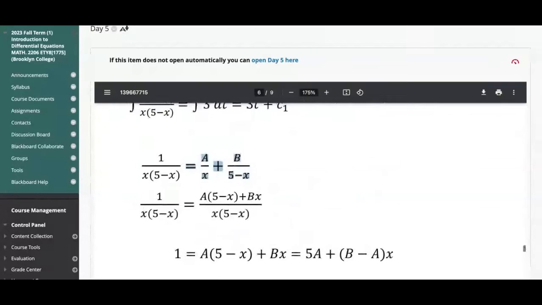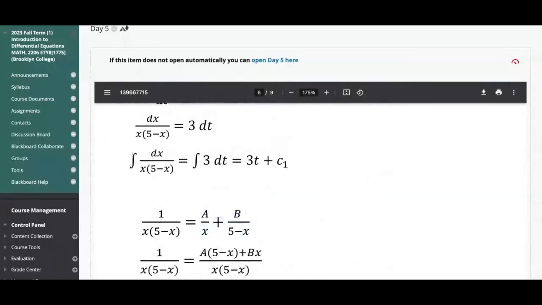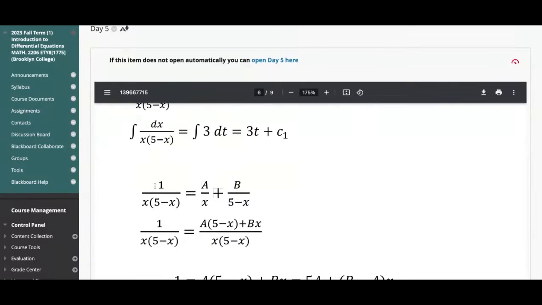Okay, what do you do with this? How do you integrate this? Your denominator has 2 factors, so you have to split into 2 terms. One term has a denominator of x, the other term has a denominator of 5 minus x.